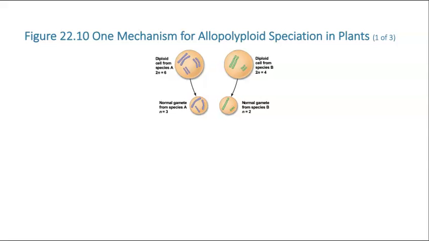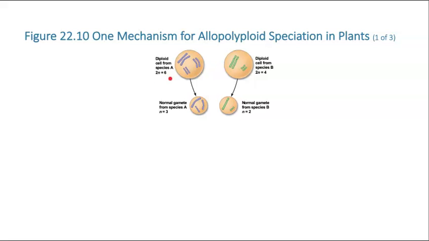Okay, so in order to understand allopolyploidy, we're going to have 2 different species. So here's species A, and here's species B. And notice that the diploid number for these 2 species is different.